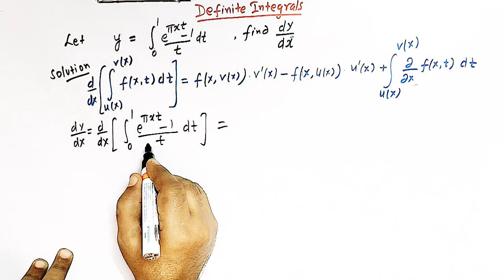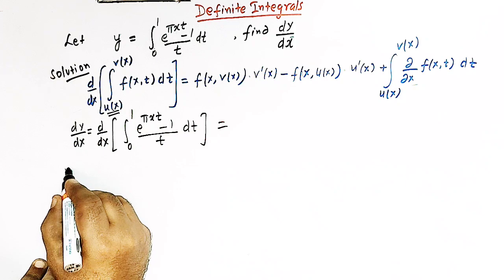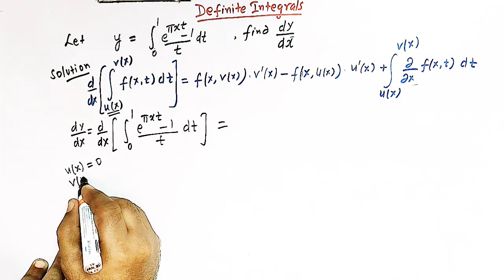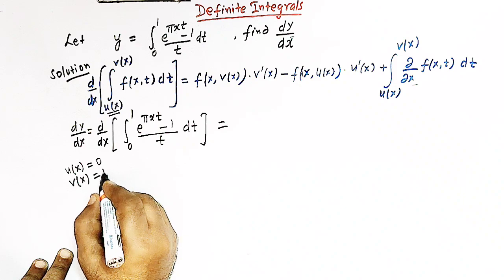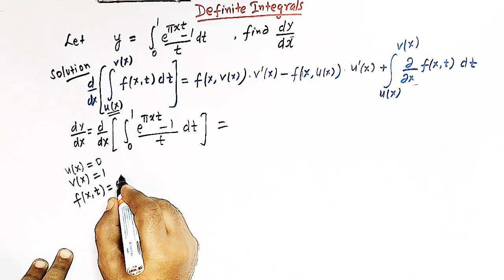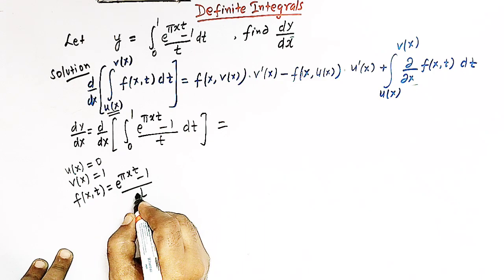Now if we compare this integral with this one, then we can see that the lower limit, that is u of x, is 0, and the upper limit v of x is equal to 1, and f of x comma t is e raised to pi xt minus 1 over t.